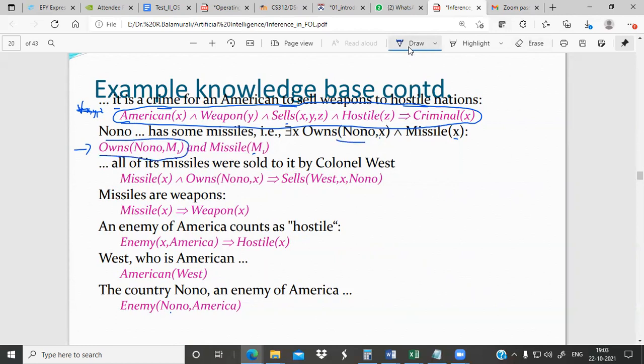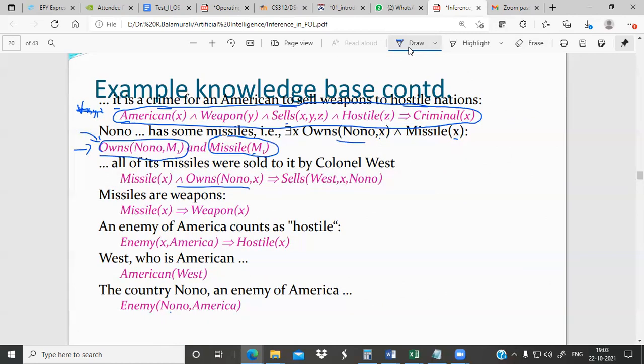Now this is a separate statement, and this is a separate statement. Atomic statements by themselves are by default definite clauses, so this falls under definite clause only. This can also be converted to definite clause or Horn clause. So basically all these are in Horn clause.